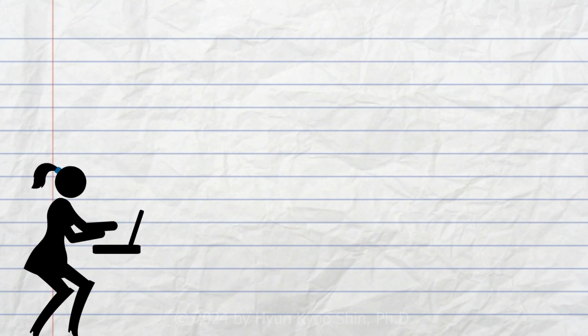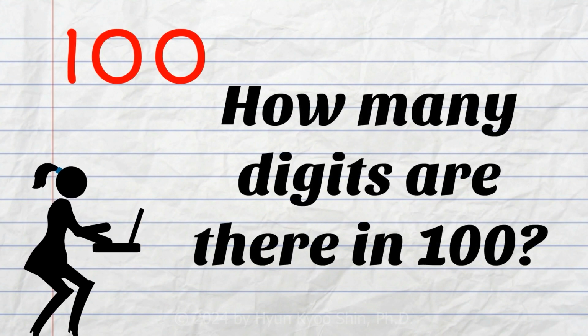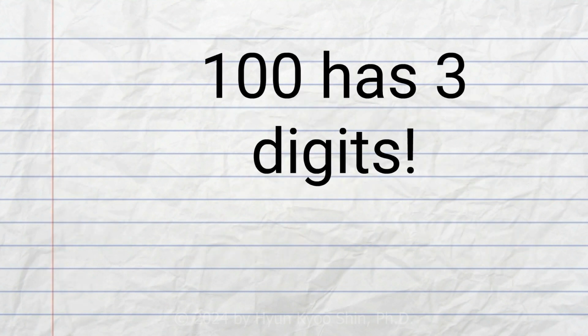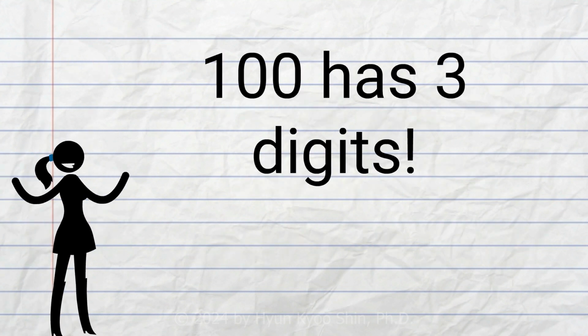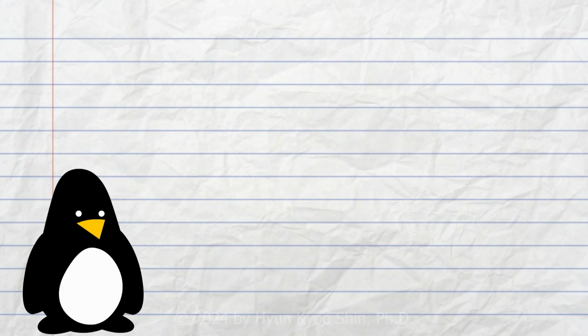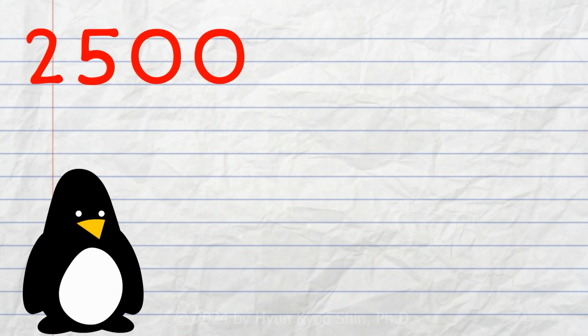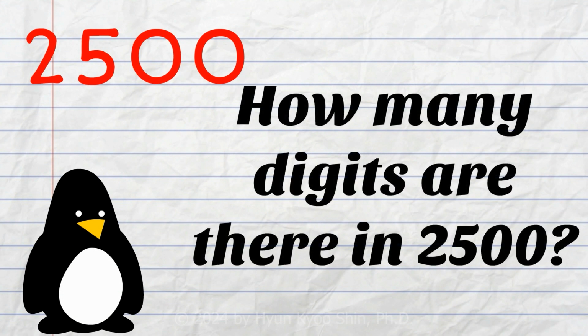For example, 100. How many digits are there in 100? One hundred has 3 digits. 2,500. How many digits are there in 2,500?